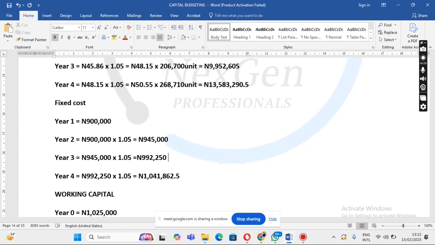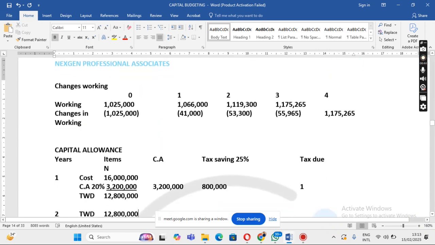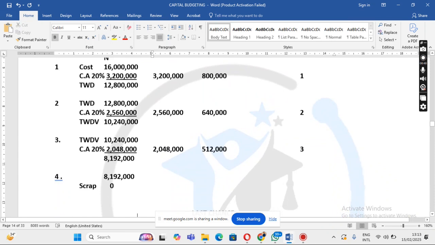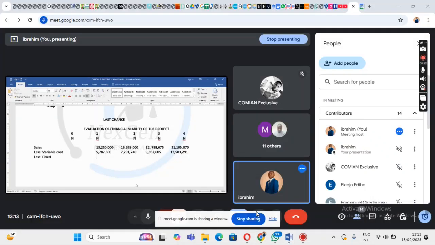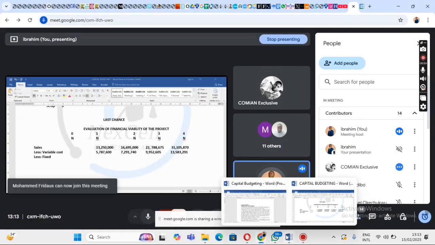Is it relevant to the project? Establish that first. Is it increasing on a yearly basis? Yes. That is why you have to recognize it. Thank you.